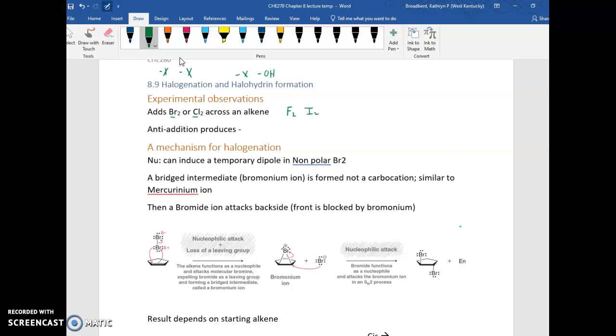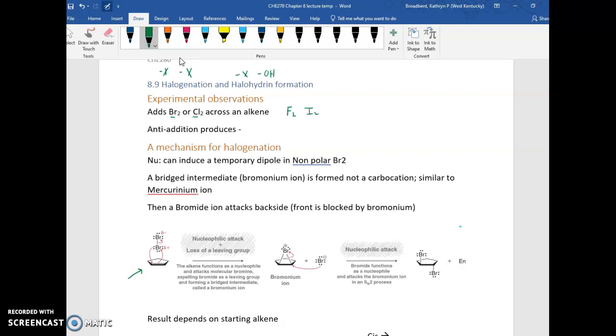The mechanism is down here. The bromine is here. The nucleophile, in this case the pi electrons, will induce a temporary dipole in the nonpolar bromine molecule.